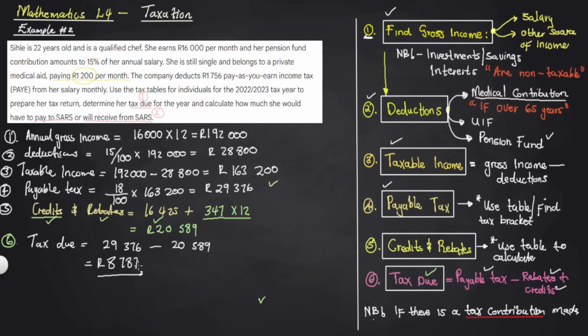This is the tax amount due, 8,787. So we just answered question number 1.